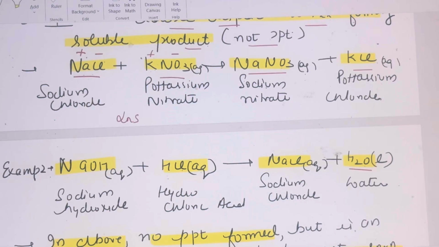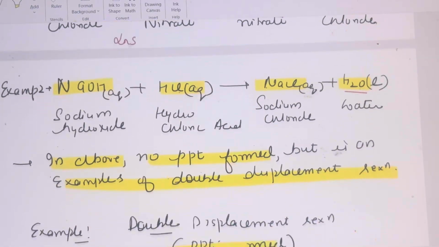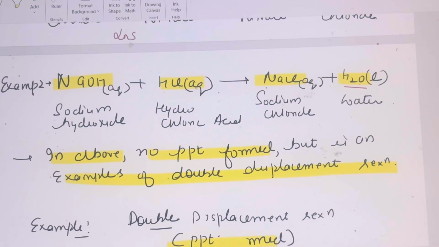Students, if you want to exchange the positive ions, the sodium ions of this sodium chloride will move towards this side, and the potassium ions of this potassium nitrate will move toward this side. It will lead to the formation of two new compounds, that is sodium nitrate and potassium chloride. But in this there is no PPT formation. So this is an example of double displacement with soluble product formation but no PPT.